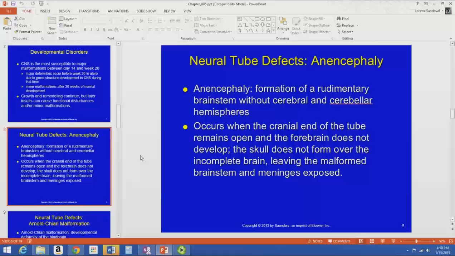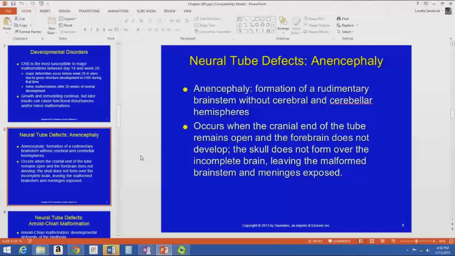Anencephaly is a neural tube defect, and basically there's a formation of a rudimentary brainstem without cerebral or cerebellar hemispheres. So you can imagine that is a severe defect. It occurs when the cranial end of the tube remains open and the forebrain doesn't develop, and the skull doesn't form over the incomplete brain, leaving the malformed brain stem and meninges exposed.